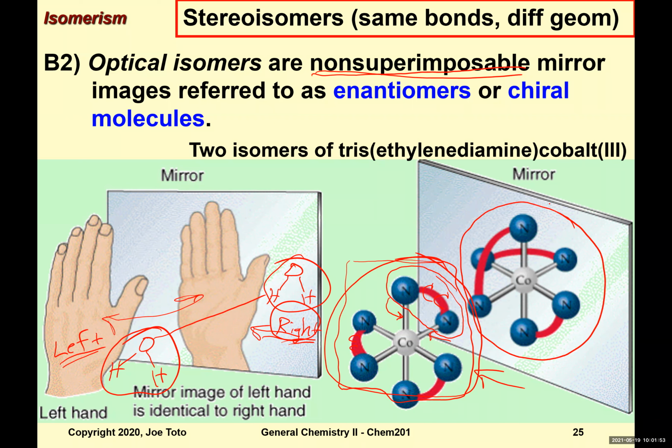Now, if I take that build from the reflection and I try to superimpose it on this, things won't match up. If I move it over, this ribbon over here at the top just isn't here. And if I rotate it, I can't match it up at all because they are two distinct and different isomers.